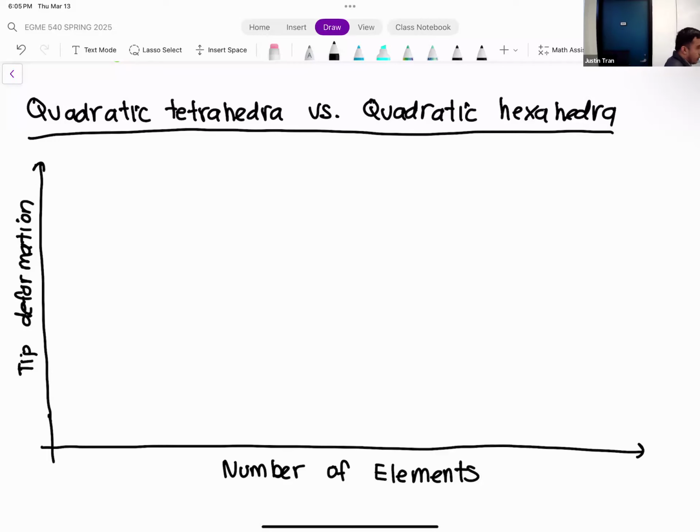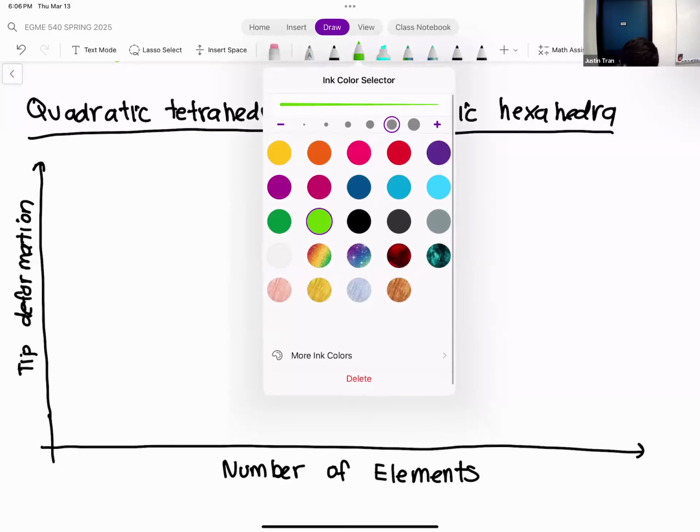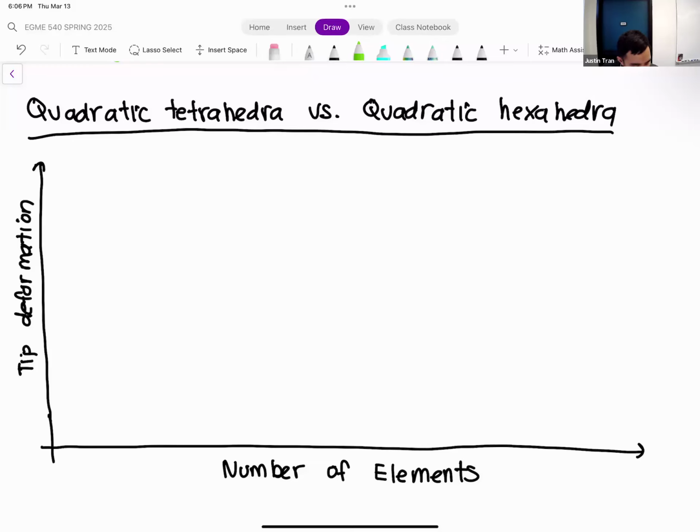Also, take note here that we are using deformation as our convergence criteria. If we were to try to use the stress, the convergence would probably look a bit different, but the same trends should occur. Okay. So once again, let's do tets versus hexes.